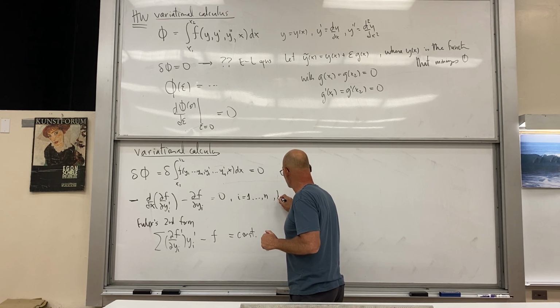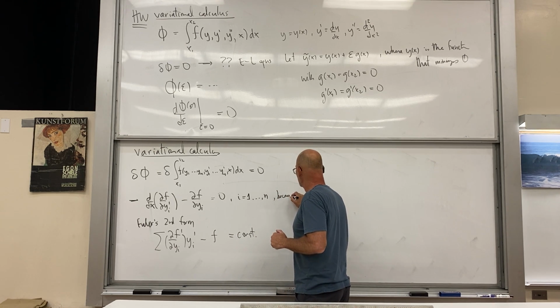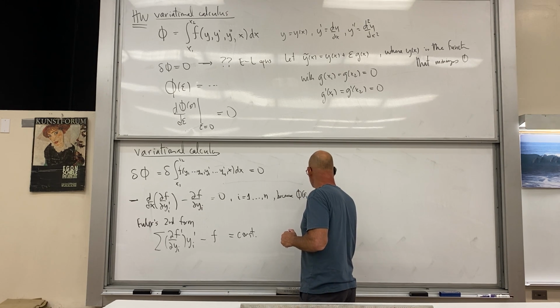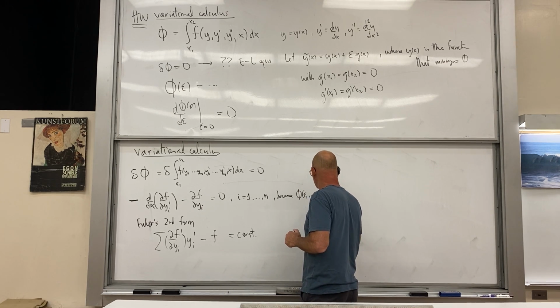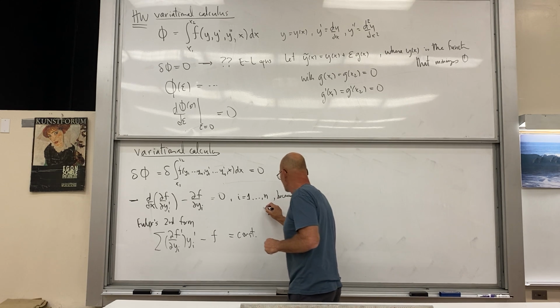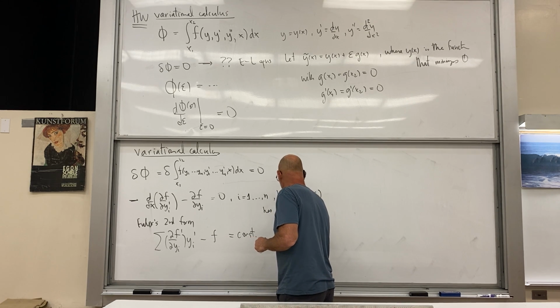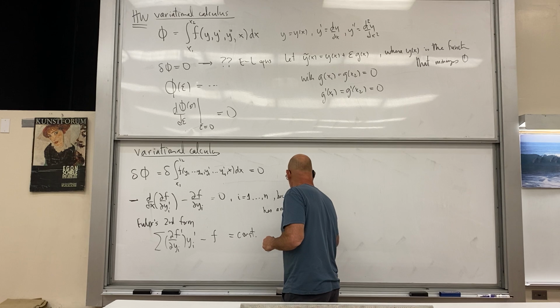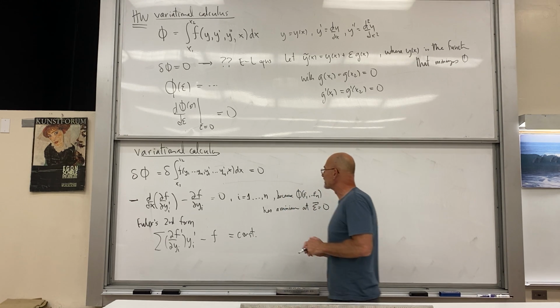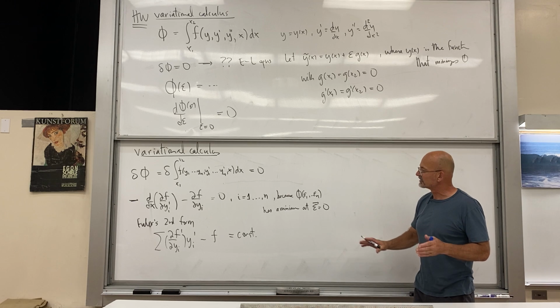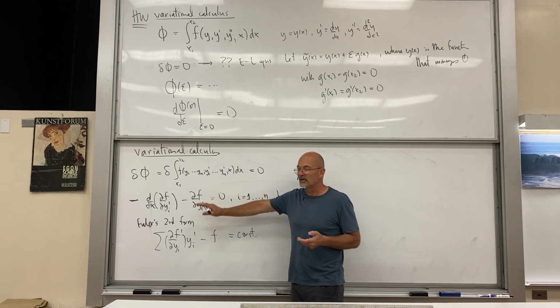I'll just remind us, because we form a phi of epsilon 1 to epsilon n as a minimum at epsilon equals 0. That's enough to turn that original calculation into this many-variable version.